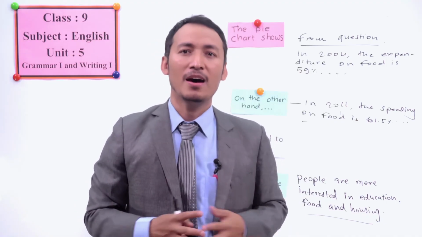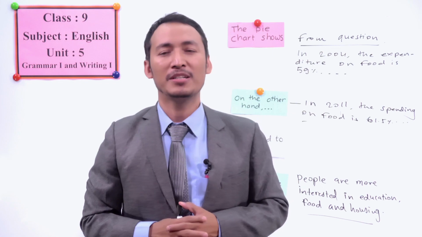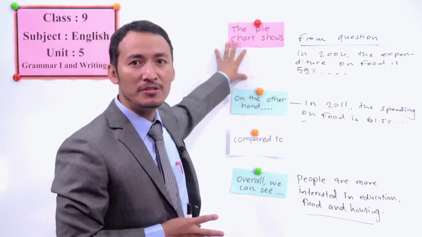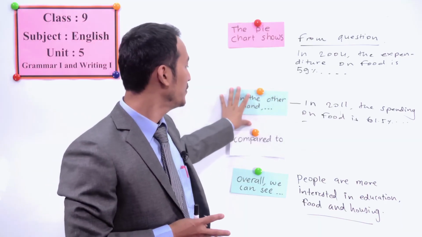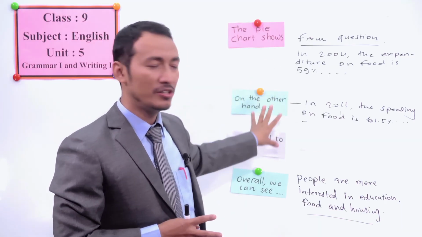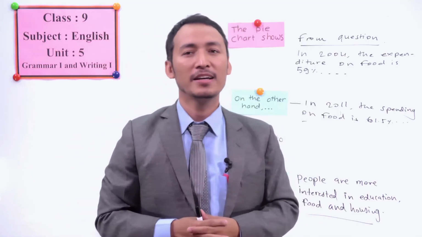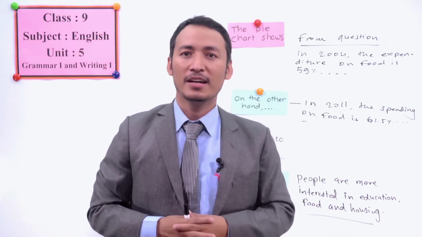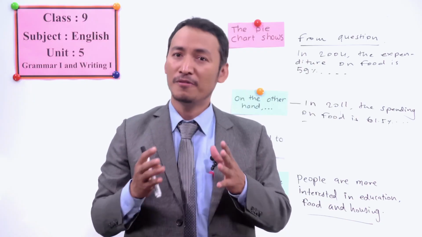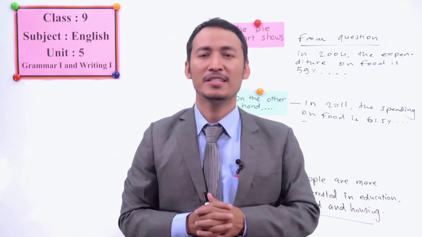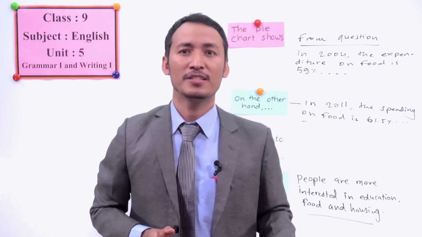You can also observe the example given in our textbook and write. So first, you have to introduce what is in the chart, then compare the two sets of information, and then give the overall impression. What is the result, or what is the impression from the comparison? That's what we have to do for the charts.